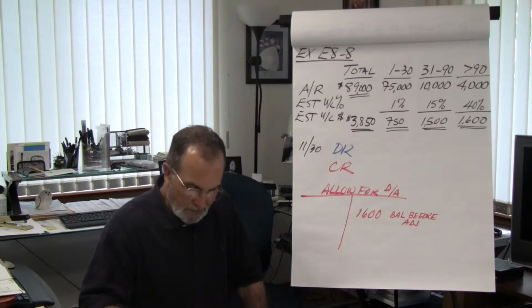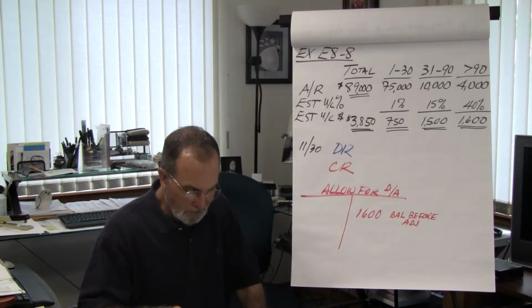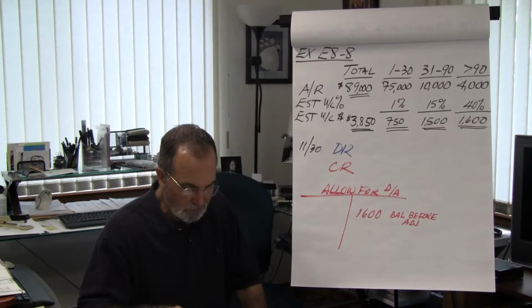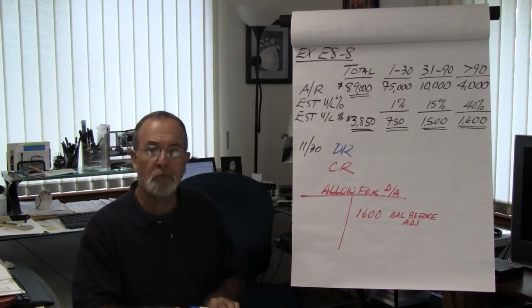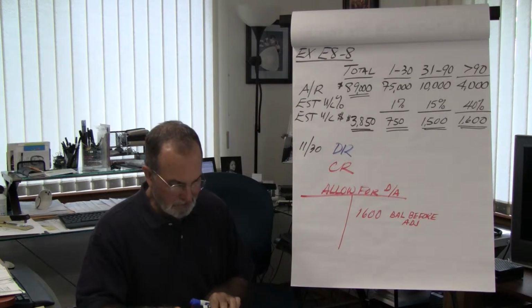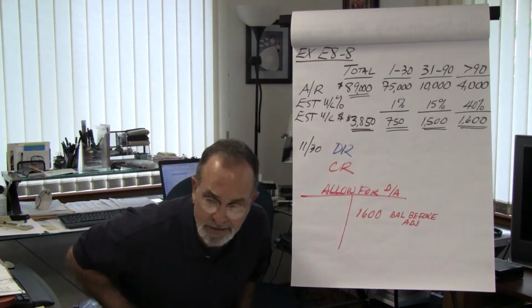So during November of 2010, the company sold services on account for $100,000 and estimated that 0.5% of those sales would be uncollectible. And so under requirement 1, they are asking us to prepare that adjusting journal entry of November 30th, 2010.